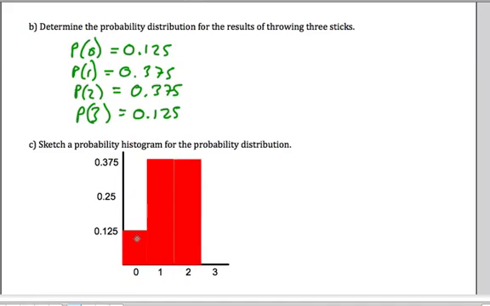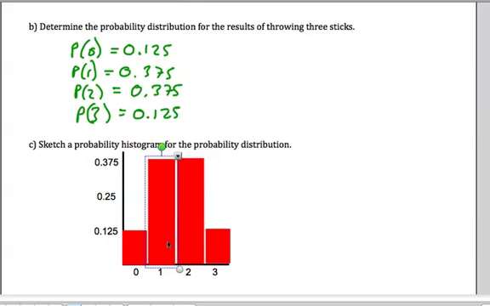And it looks something like that. And we'll put a little space in here because these are discrete random variables, because you cannot have 1.5 stripes. You either have 0 stripes, 1, 2, 3, so that is an example of a discrete random variable.